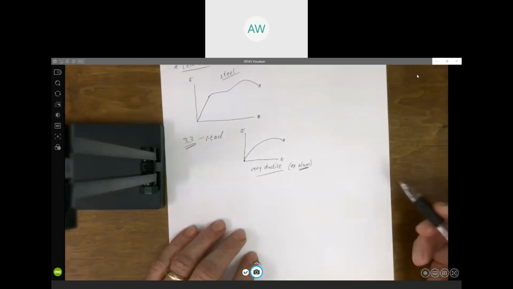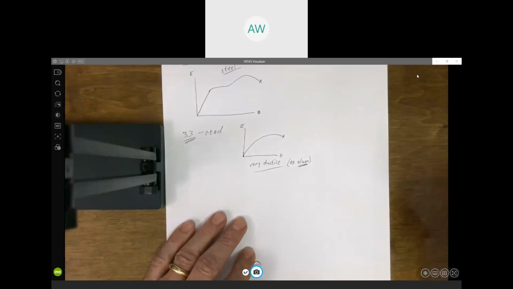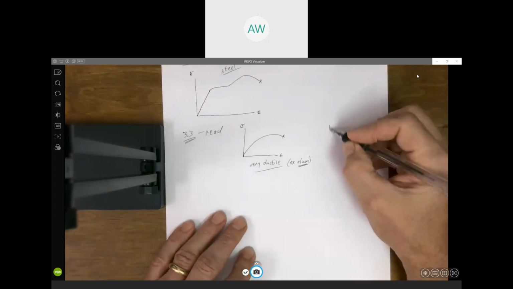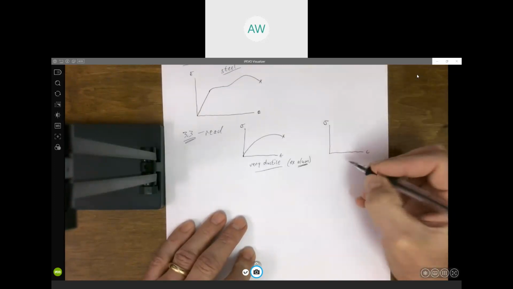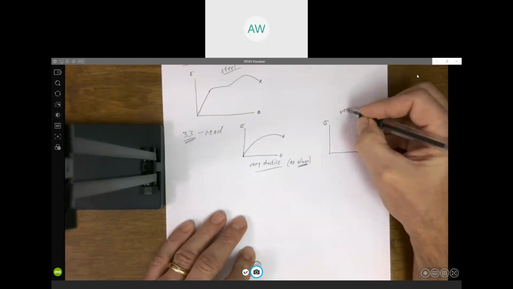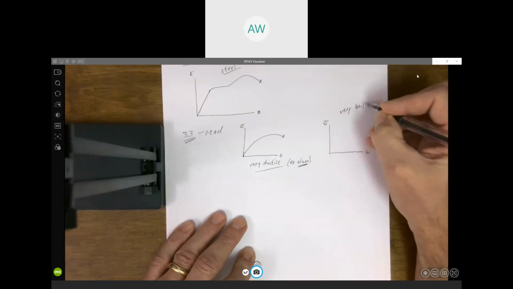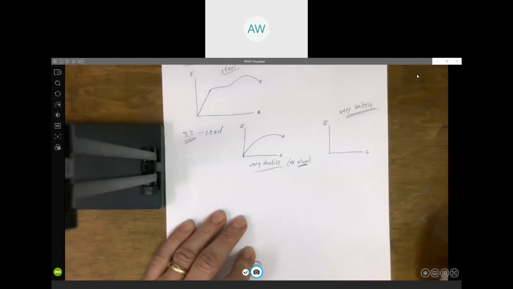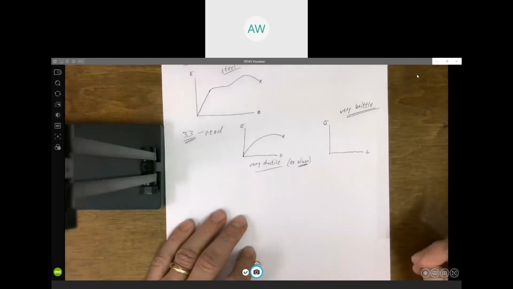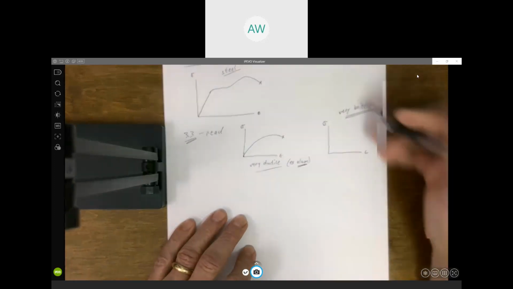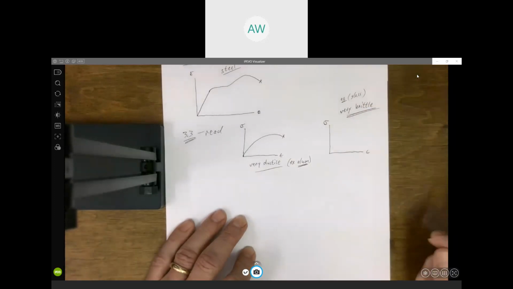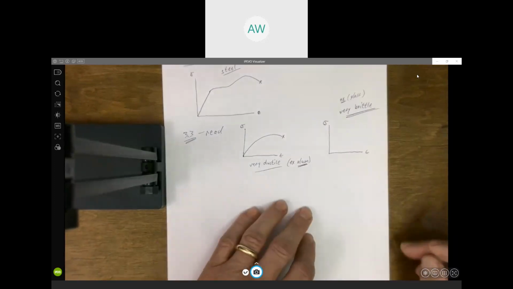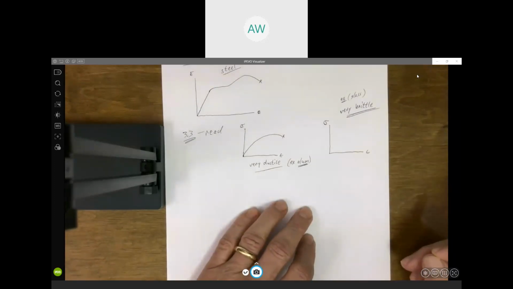Also, in this same section, it talks about if you had a very, very brittle material. I assume everybody knows what brittle means. For example, something like glass. Glass doesn't deform much. Maybe a ceramic, same type thing.